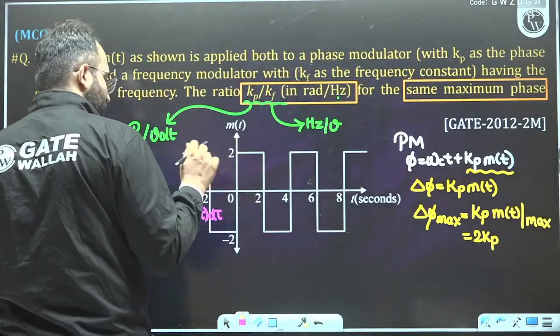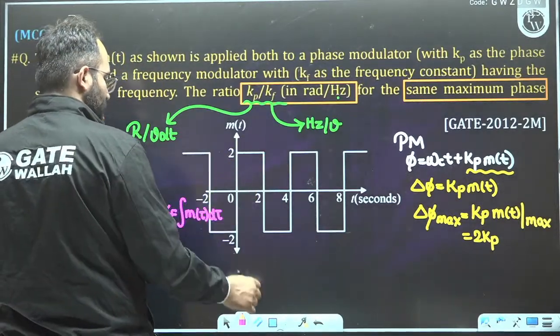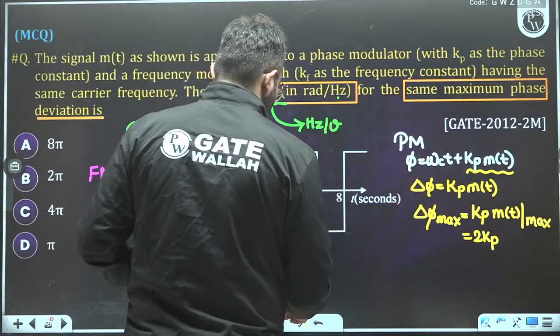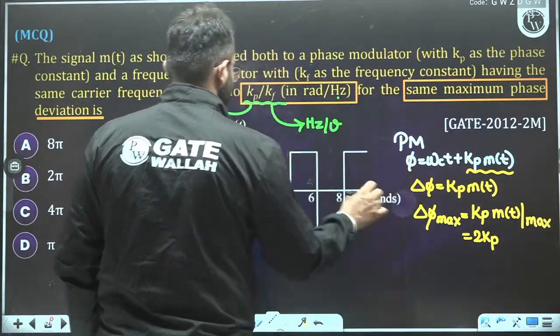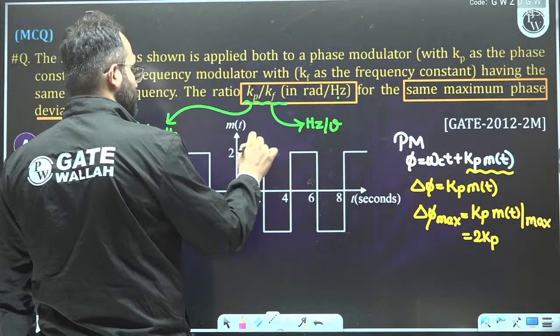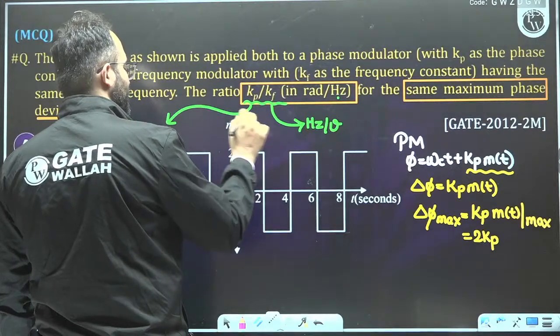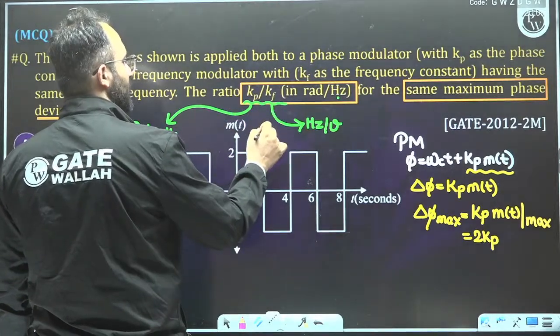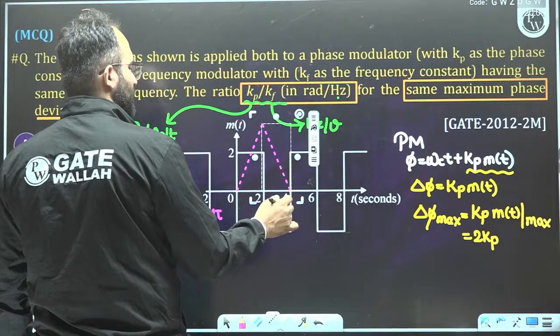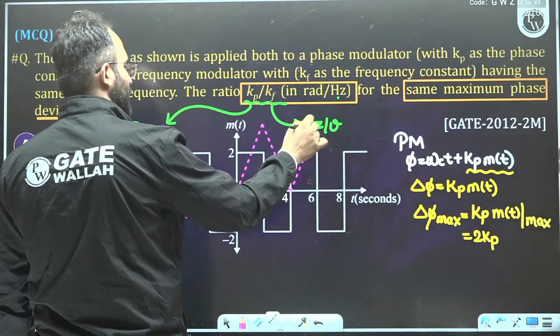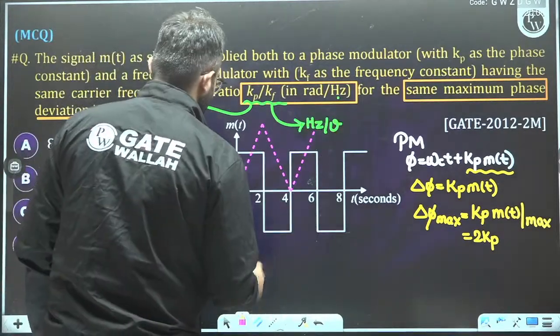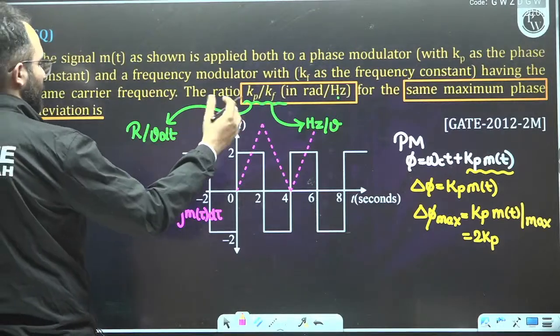The triangular wave will be like this. The maximum value will be 4 and it will fall like this. Then it will go to 4 and then it will fall. So the maximum value of this will be 4.